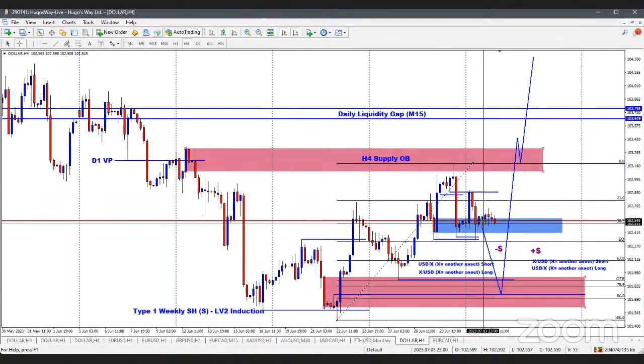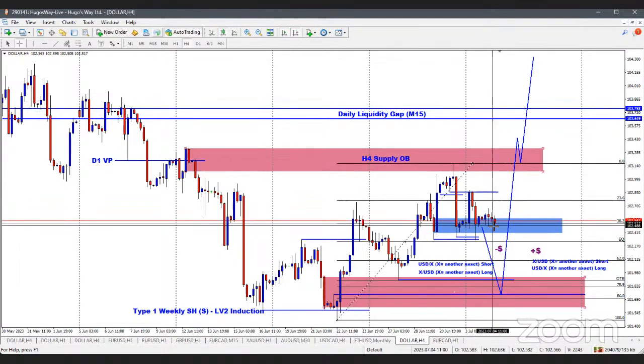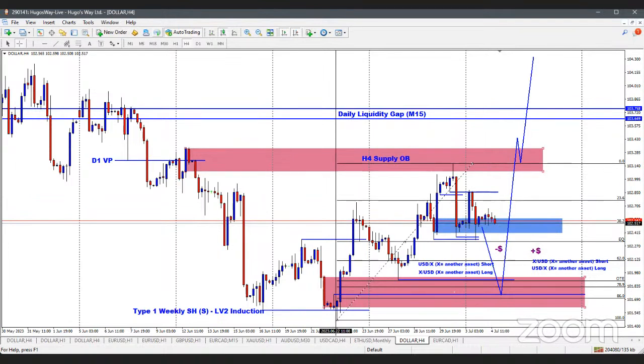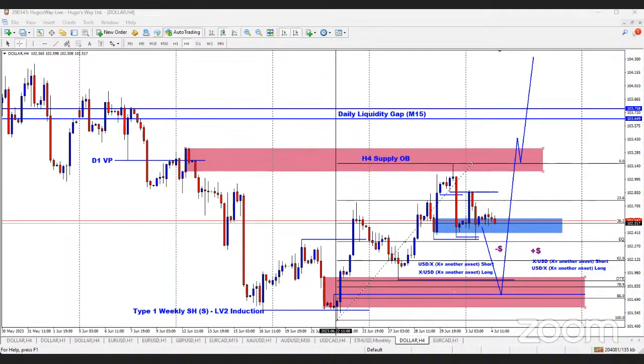And now the price has come back down and filled the whole length of this candle. And we have a bit of an accumulation here inside of this order block. What that means to me is that the demand side of the market is getting weaker now.